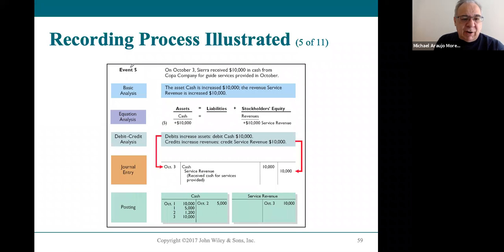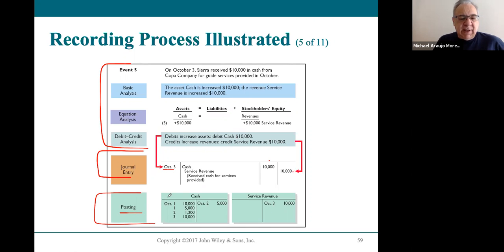The 5th event occurred here where they got cash. Lots and lots of analysis went into it. That's our learning objectives 1 and 2 right here. Learning objective 3 was, okay, now that you have analyzed it, let's write it in the journal. And so the entry on the 3rd of October is a debit to cash, a credit to service revenue. The next step would be the numbers would be posted to the individual accounts in the ledger.